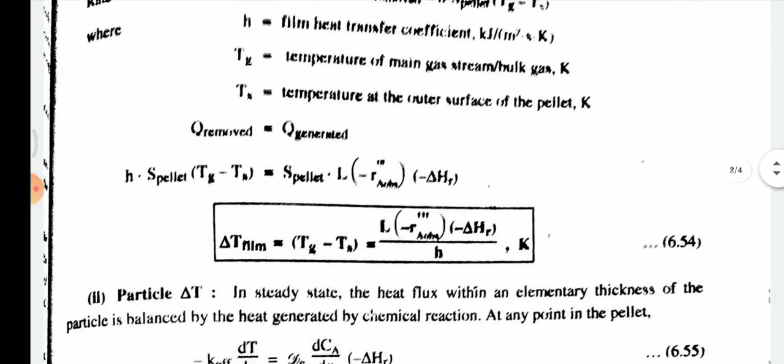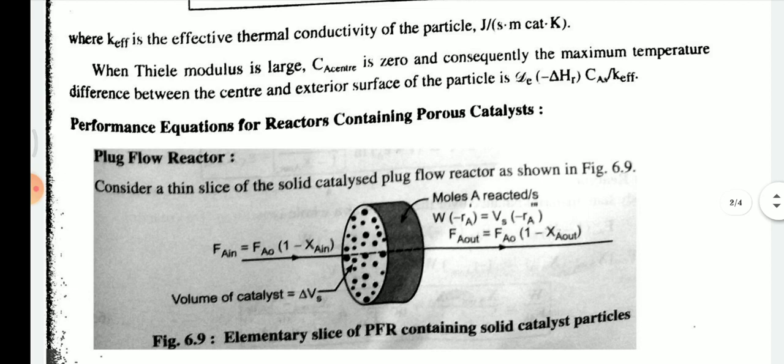Okay, so today we are discussing the performance equations of PFR, that consists of a reactor in which moles of A reacted on the surface of the catalyst. So we get the accumulation terms.